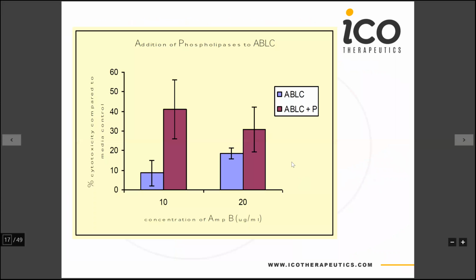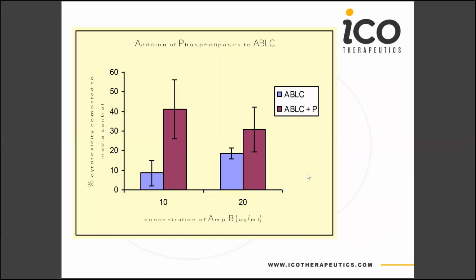But this asks the very important question: what is happening here with amphotericin B? Why is it able to kill fungal cells and destroy them, but spare kidney cells and not hurt the tissue? The reason is because fungal cells release what we call phospholipases.